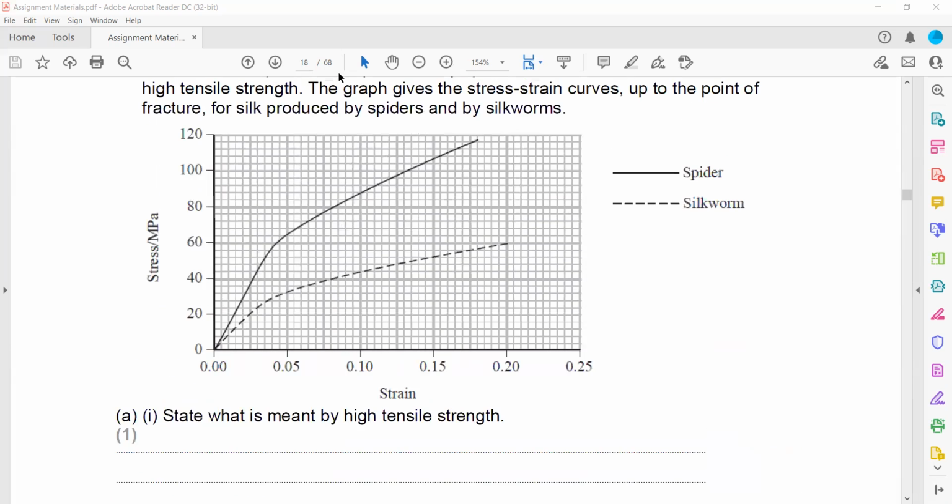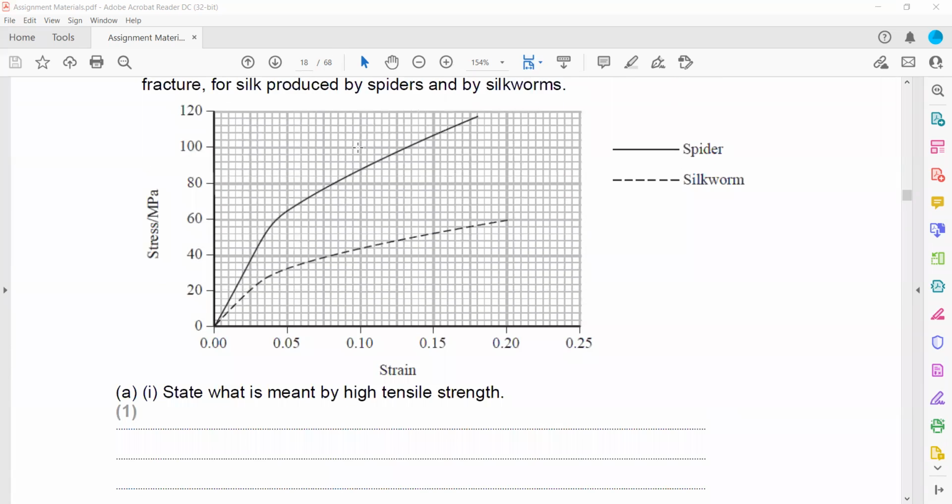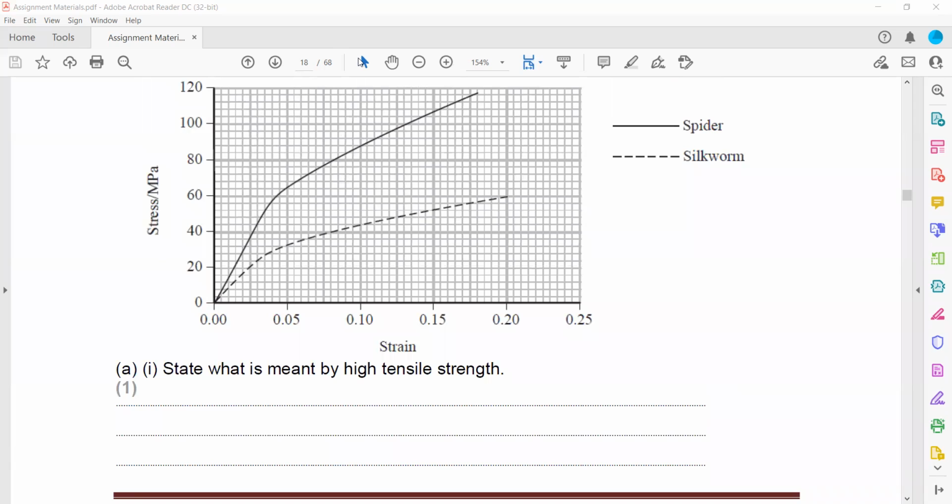So number one, you will compare the characteristics of the graph. Number one, you will compare the slope. You can see the stress and strain sketch for the spider is steeper, like the initial slope for the spider web is more than for the silkworm.